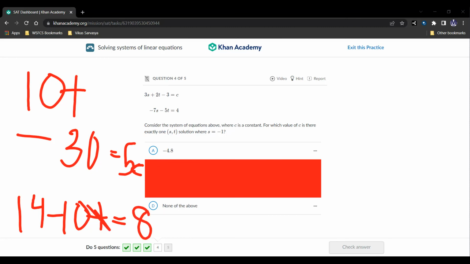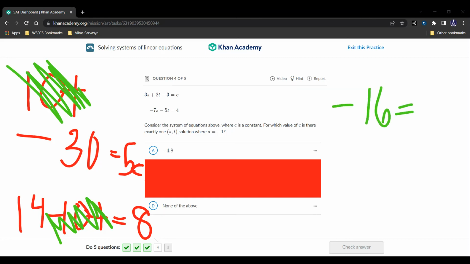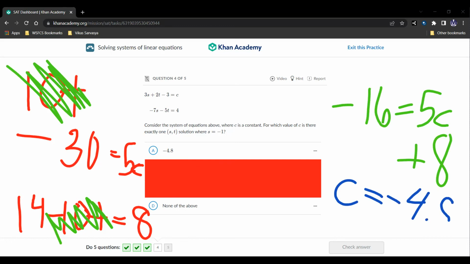So then this cancels with this, and then we add this and we get negative 16 equals 5c plus 8. Then we subtract 8 on both sides, we divide by 5 and we get c equals negative 8, which is exactly what is right here. So how did we mess up the first time?